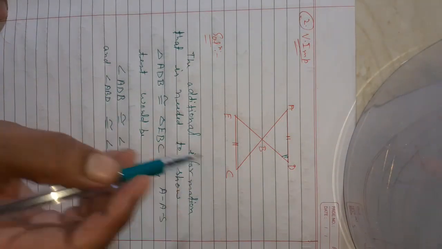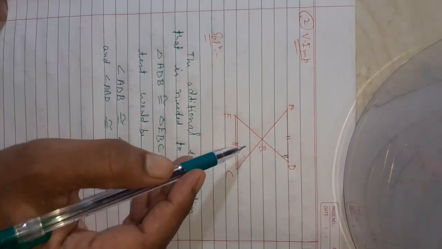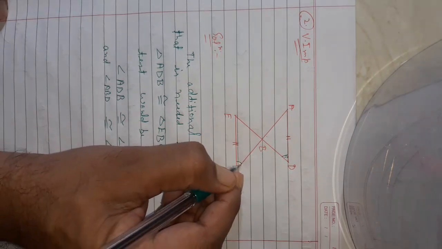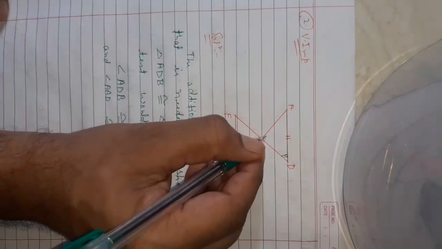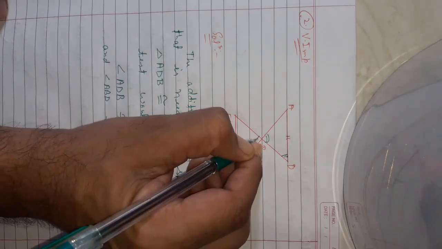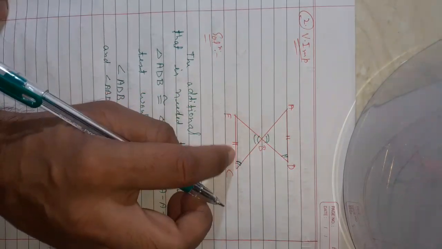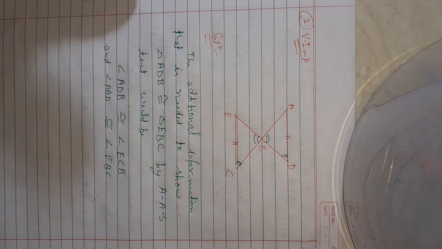And angle ADB congruent to angle ECB. Clear? So if two angles and one side are congruent, then both triangles will be congruent to each other.